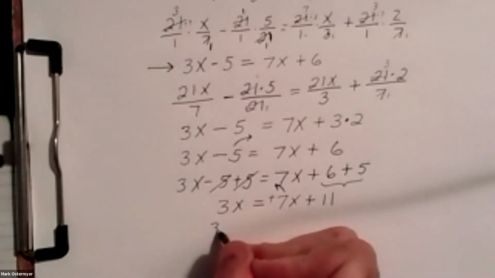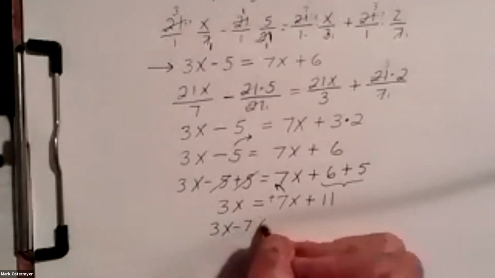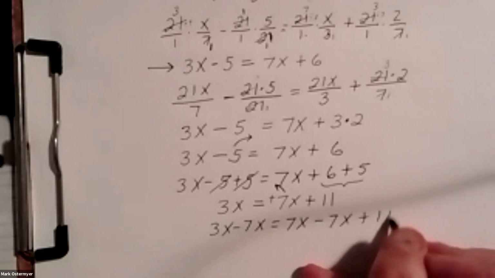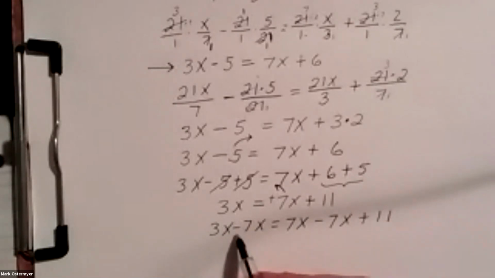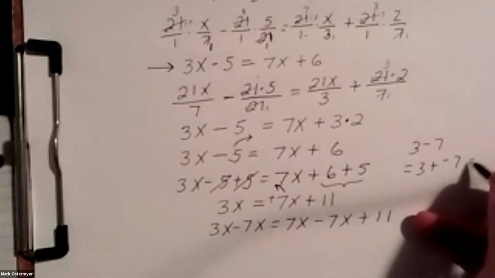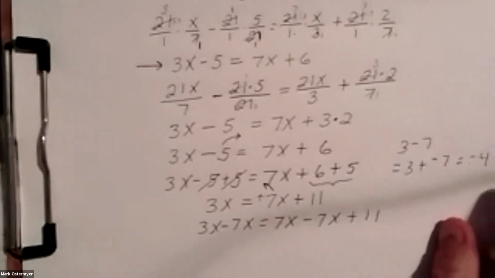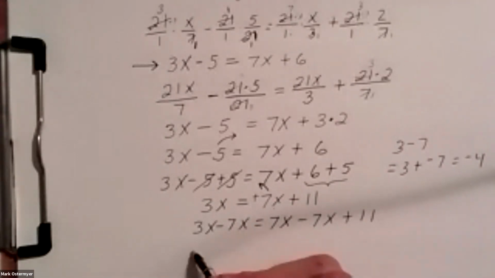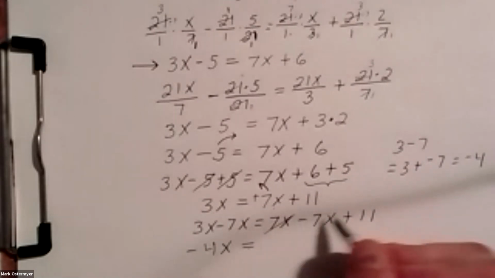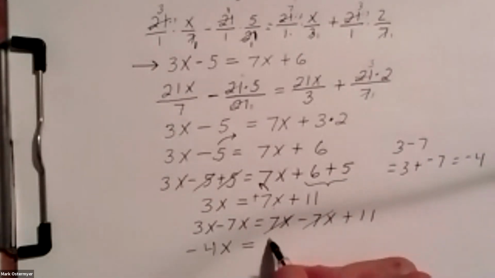Subtract. We're going to have to minus 7x from both sides. What's 3x subtract 7x? What's 3 minus 7? It's -4, correct? So 3x minus 7x is -4x, and that's equal to, the 7x's drop out to 0 on the right side, leaving you with 11.